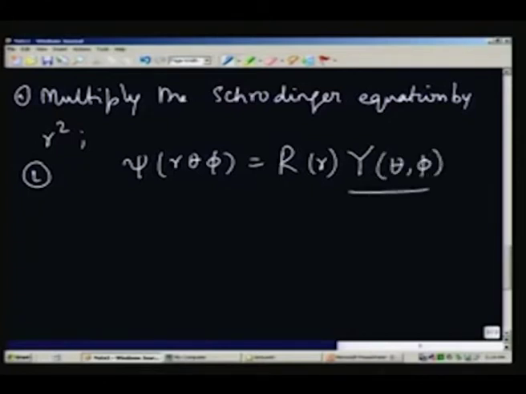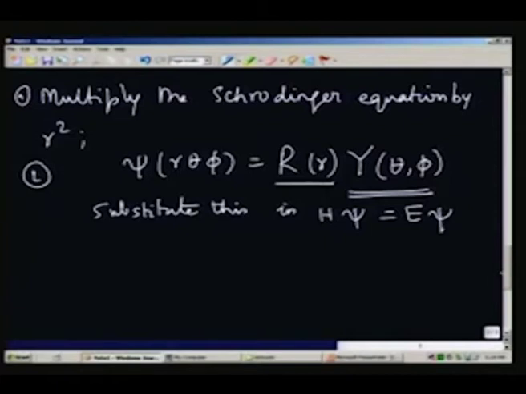We will not separate this now, we will do it later, but we will write this as a product of a radial function R which depends only on the radial coordinate and a function which depends on theta and phi, and substitute this in H psi is equal to E psi.